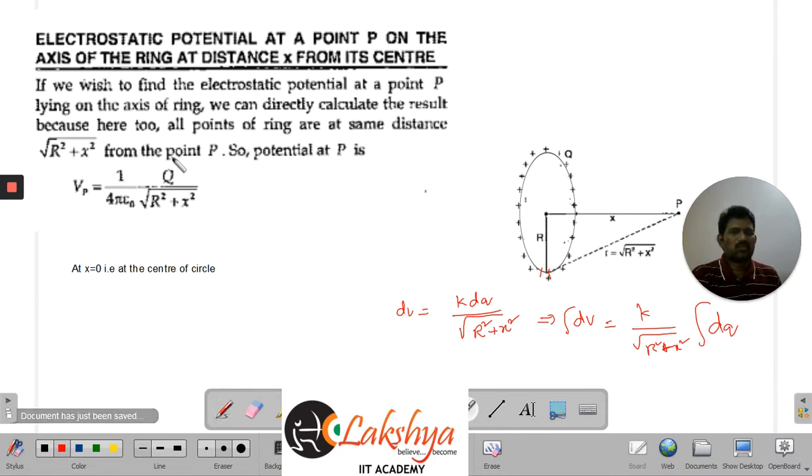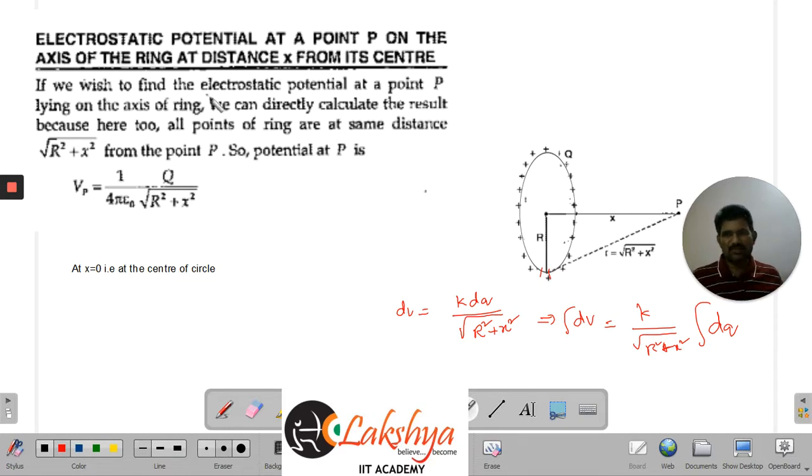Simply, in another way, you can explain this: all the different elements are at the same distance from the point P, under root of r square plus x square, because if you join all those elements you will get a shape similar to a cone. So every element of the ring will be at the same distance from that point P.